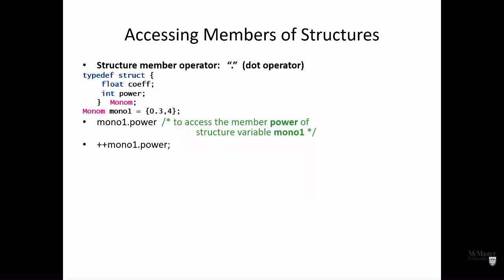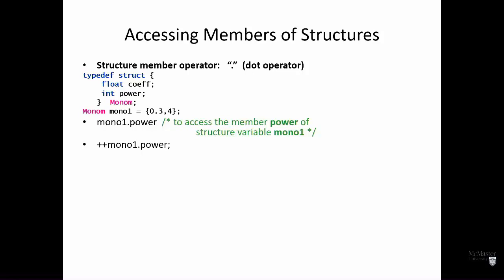Now if you define a variable that is called mono1, and this is something important, I guess people get confused with: what is the difference between mono1 and the structure monomial itself? Mono1 is just a variable out of this structure. So what happens behind the scenes is if you define this structure, it gets allocated in the memory, and then the compiler will know that this is a type.